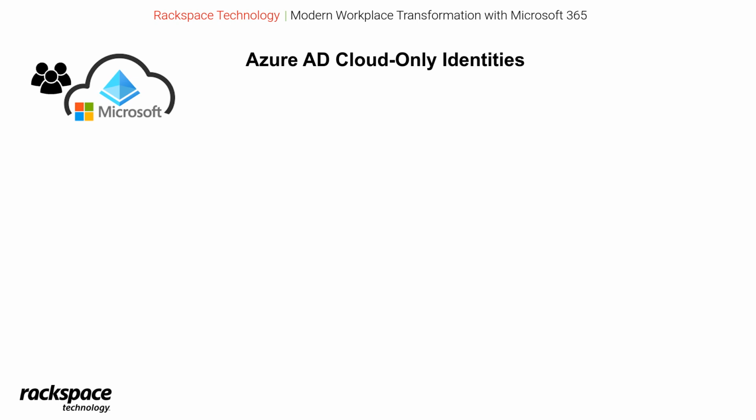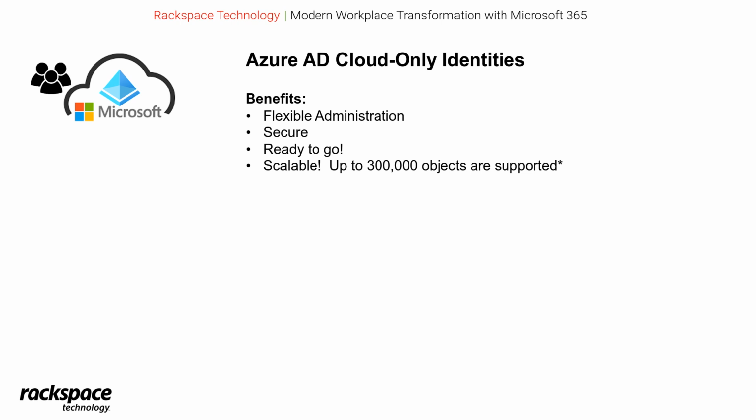So Azure AD cloud-only identities. Very easy to set up. If you're establishing a Microsoft 365 tenant for the first time, you're already using Azure Active Directory. And the benefits of this are pretty astounding. Administration is flexible because you're using the browser-based windows to help manage users, groups, devices.